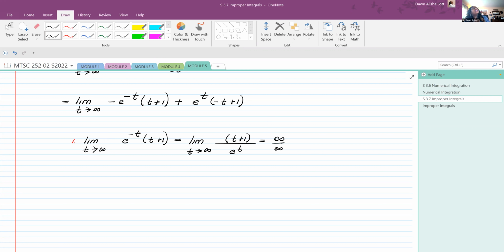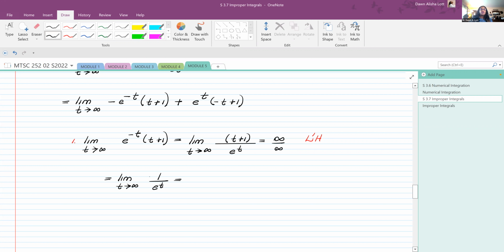What rule can I use? Infinity over infinity, 0 over 0. L'Hopital's rule? L'Hopital's rule, okay. So therefore, this is the limit as t approaches infinity. I'm going to get 1 over e to the t.